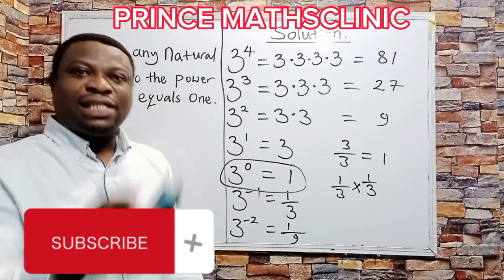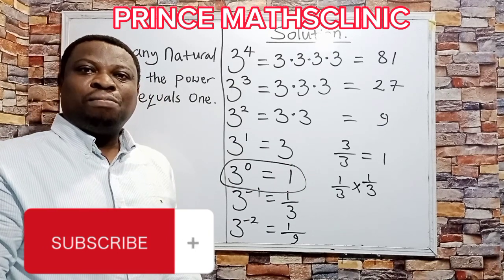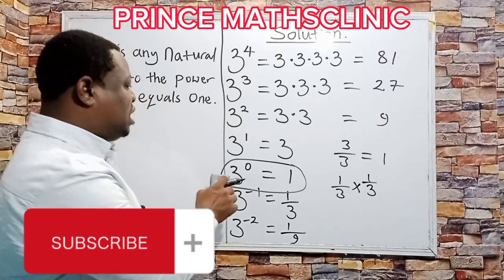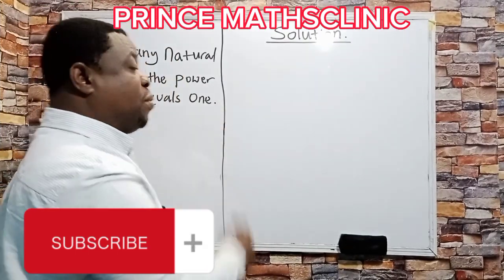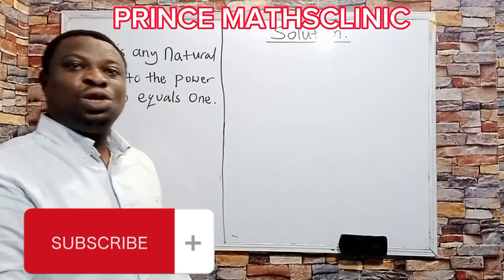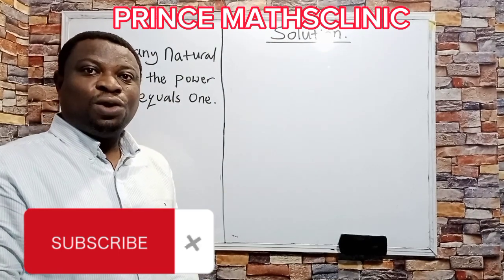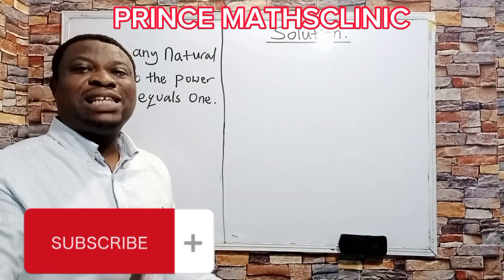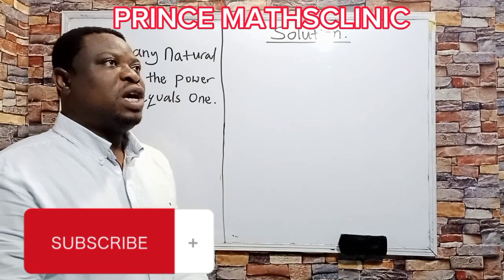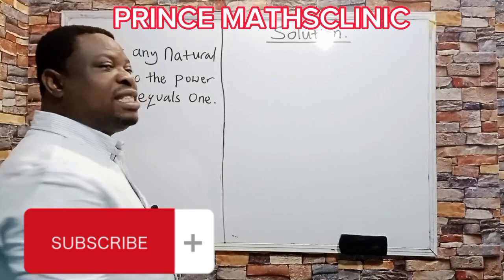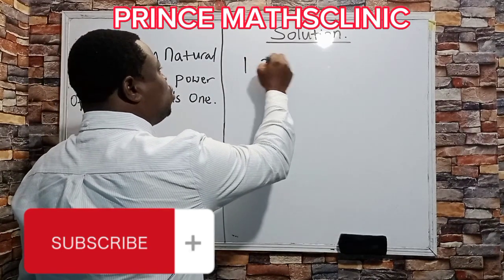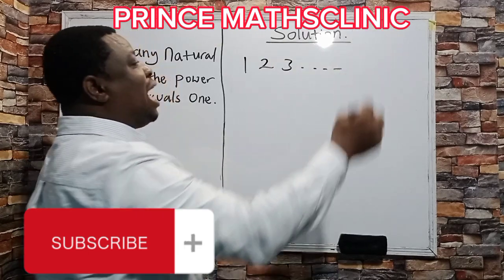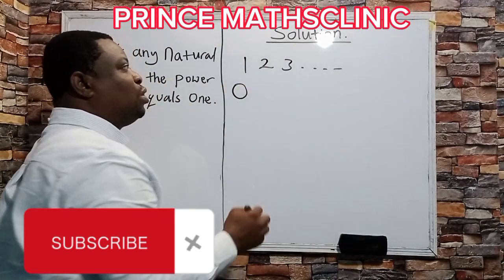So let's go right into the second proof to show that 3 to the power of 0 equals 1. Here is the other proof to show that 3 to the power of 0, or any number, as long as that number is not 0, any natural counting number like 1, 2, 3 to infinity, equals 1.